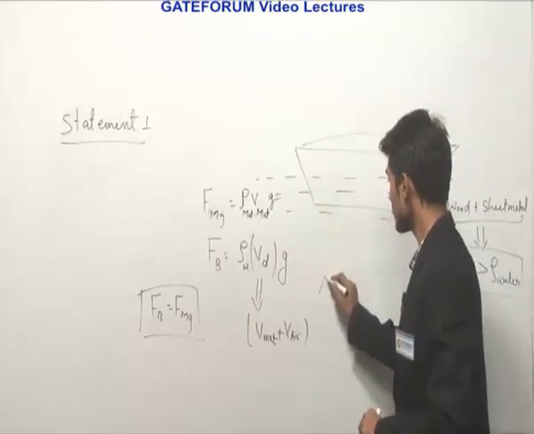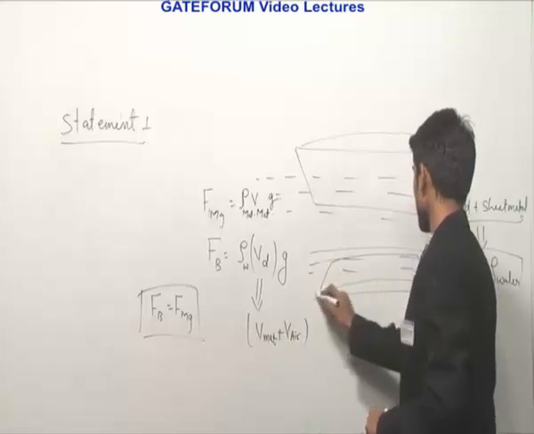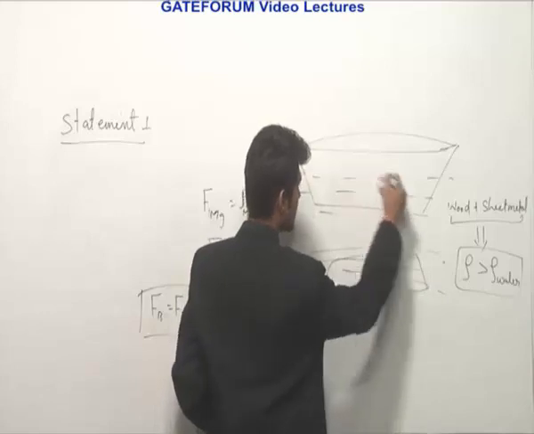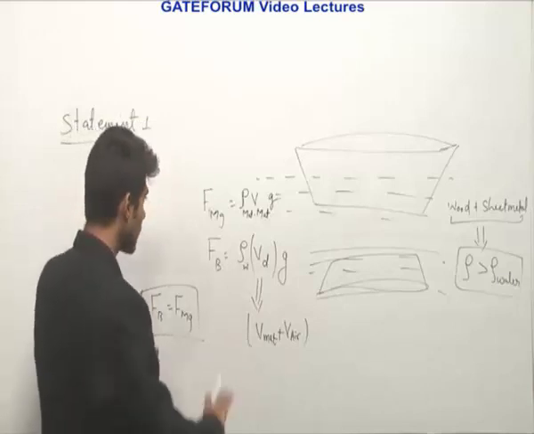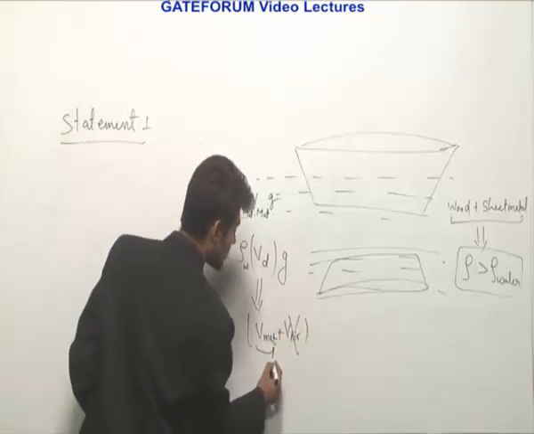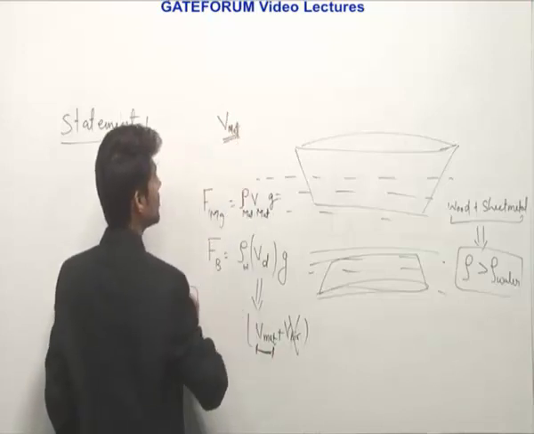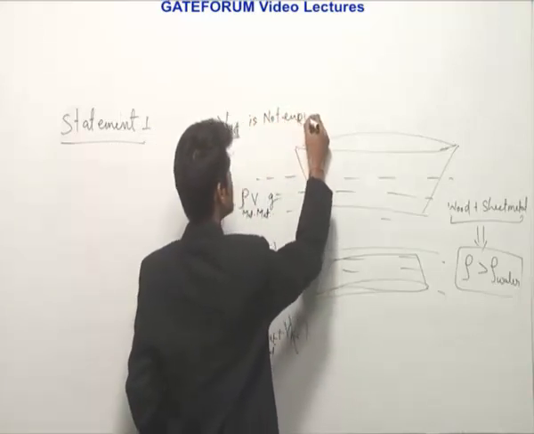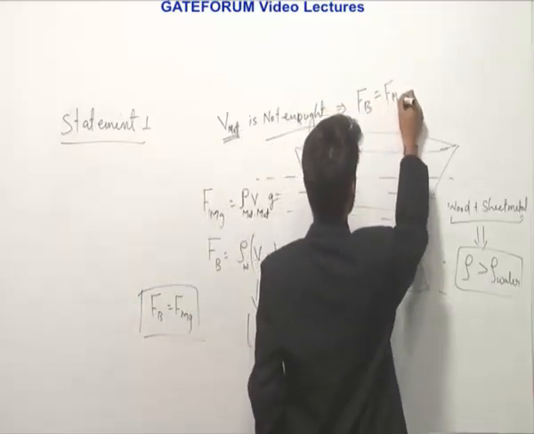But if I put this boat in such a way that there is no air present in the hollow part because the boat is now overturned, this air volume is not there. We know that material volume is not enough to bring FB equal to mg.